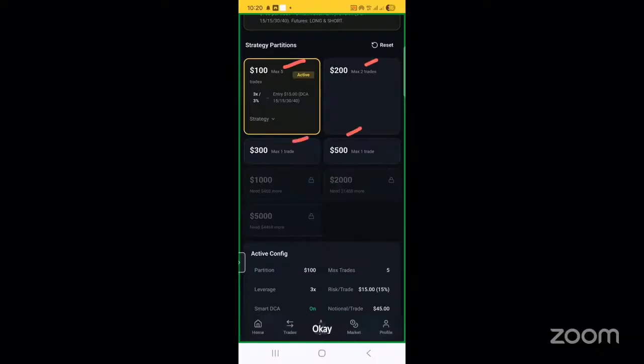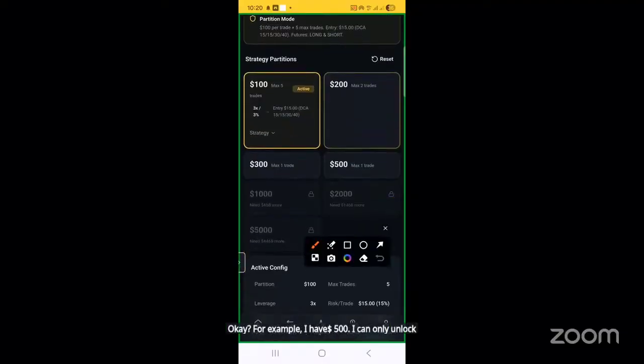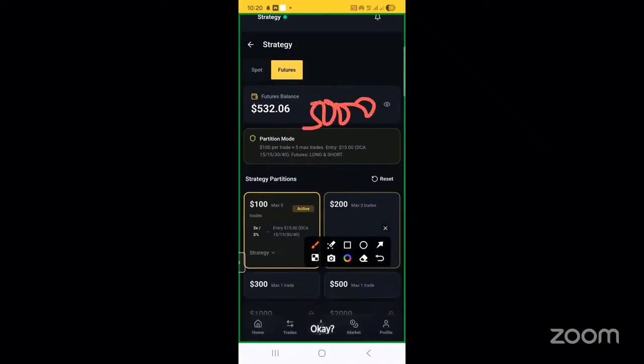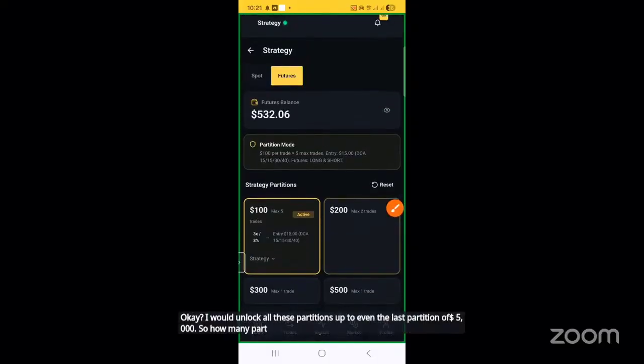For example, I have $500, so I can only unlock partitions of up to $500. But if I had maybe $5,000, I would unlock all these partitions up to the last partition of $5,000. So how many partitions get unlocked depends on how much capital is here.